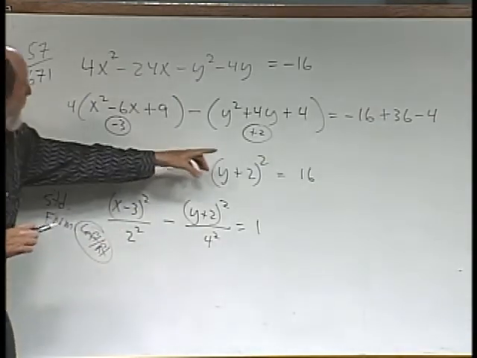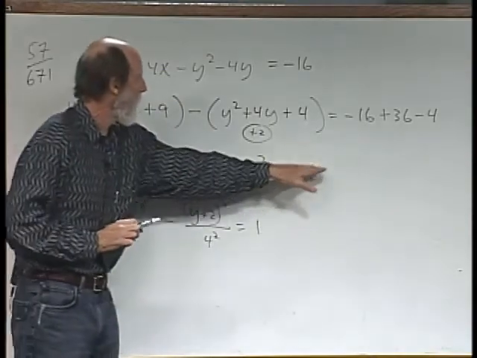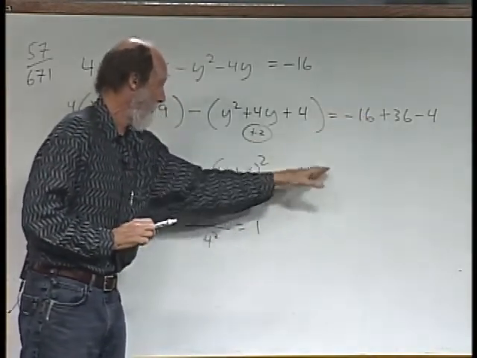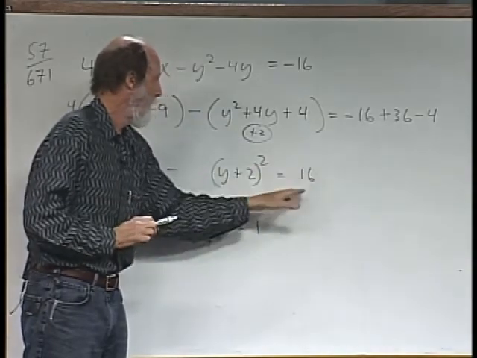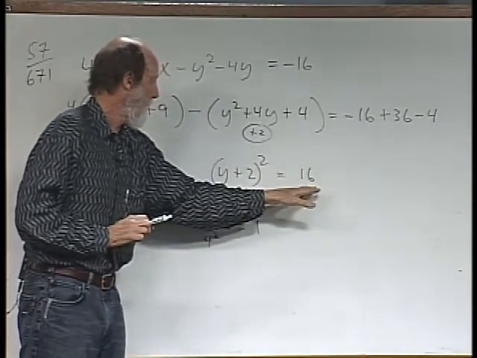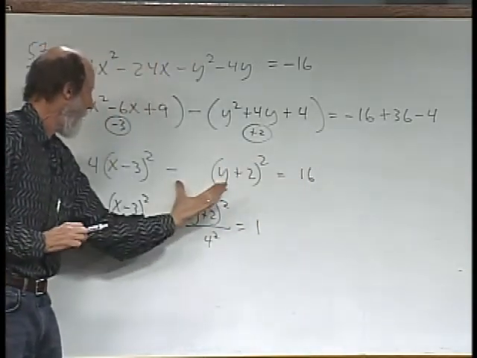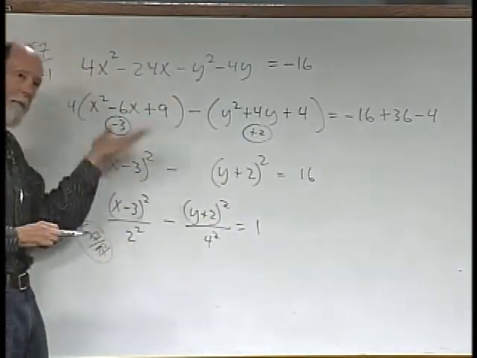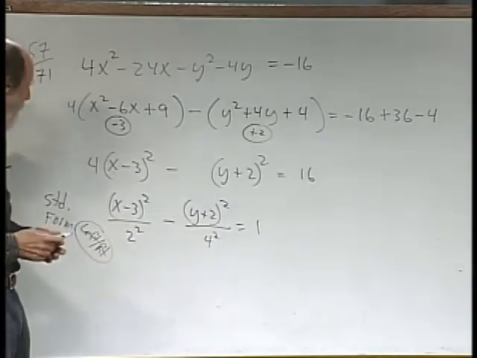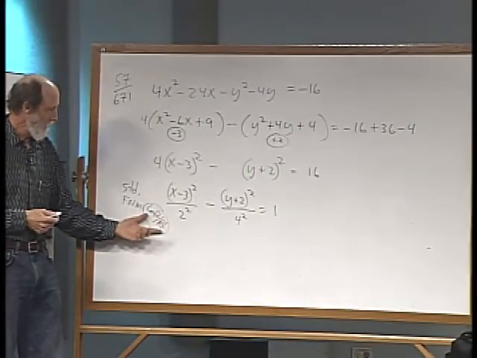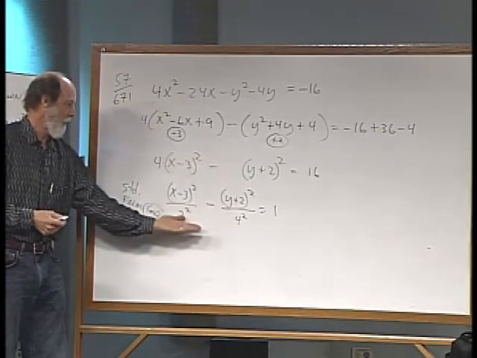If the number over here on this arithmetic that we did had turned out to be negative, which it could easily have done, then when you divided by that number, that would turn this term positive and this one negative, and it would be an up-down opening hyperbola. So you can't really tell which shape it's going to be, left-right or up-down, until you actually get down to this point.